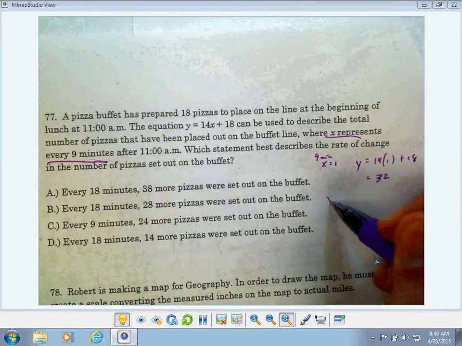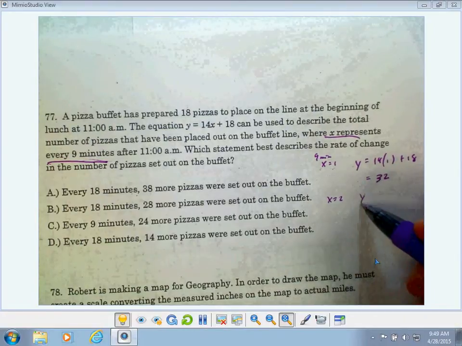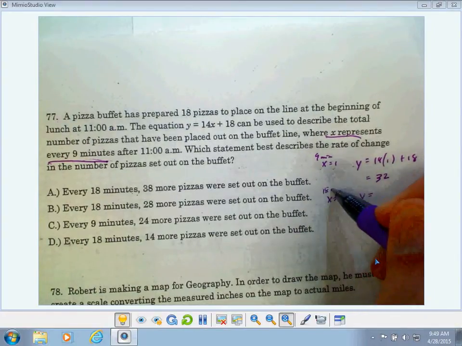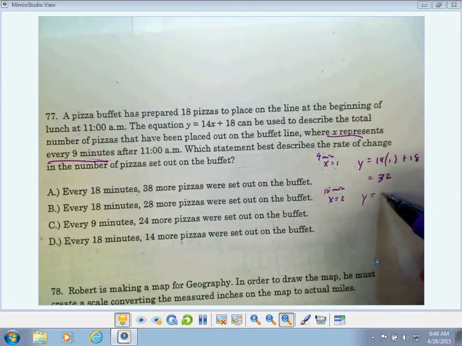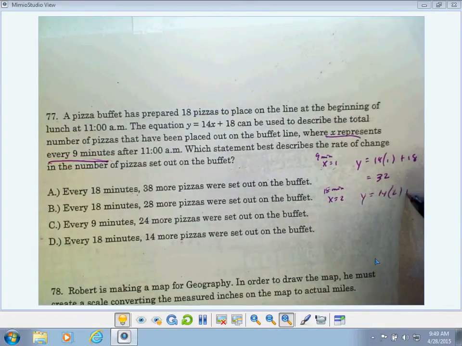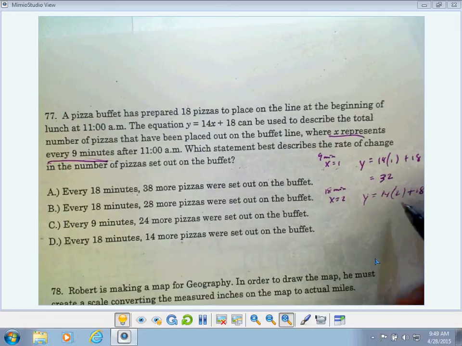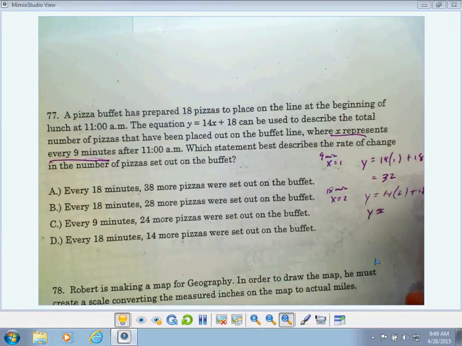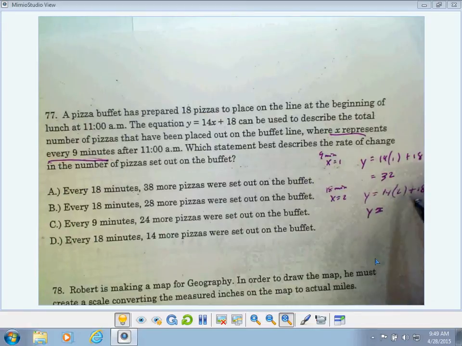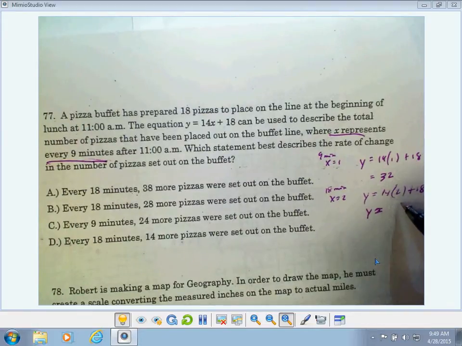So what if x is 2? That means after 18 minutes, or a second set of 9 minutes. That would be 14 times 2 plus 18. So 14 times 2, that's 28, plus 18 is 46.